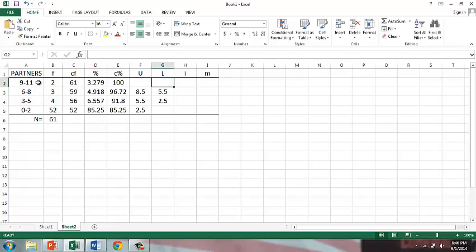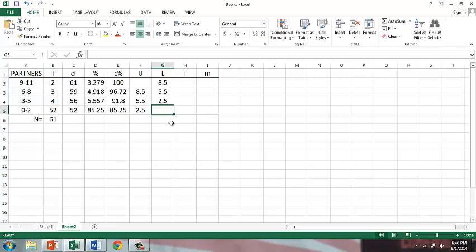The lower limit of the 9 to 11 group is halfway between 8 and 9, and just as the upper limit of the group below it is 8.5. As your book discusses, finding the uppermost limit and the lowermost limit is a bit trickier because there is no adjacent interval to compare it to.